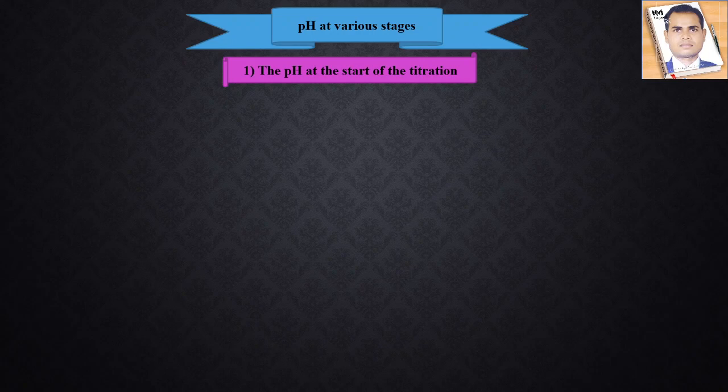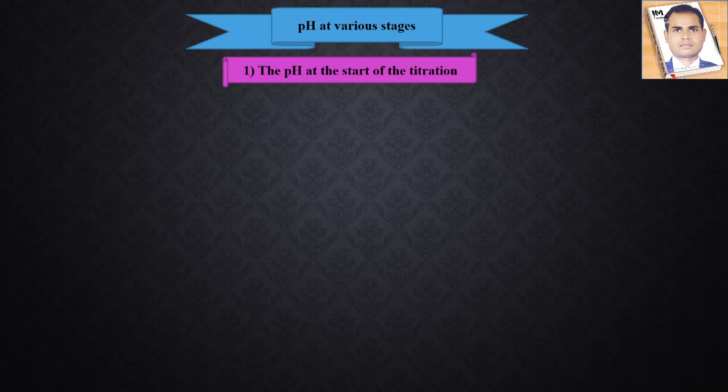And we know one thing, acetic acid is a weak acid, right? So the pH will be less than 7, but near about 7.